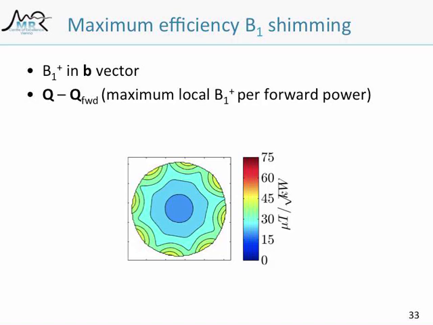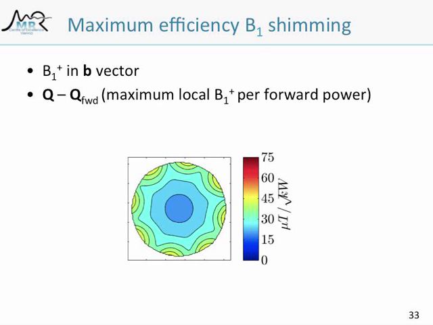So for the last part, the same thing is basically when you do B1 shimming, when you're interested in how much B1 do I really get for my power at a specific position? You can just calculate the same thing.